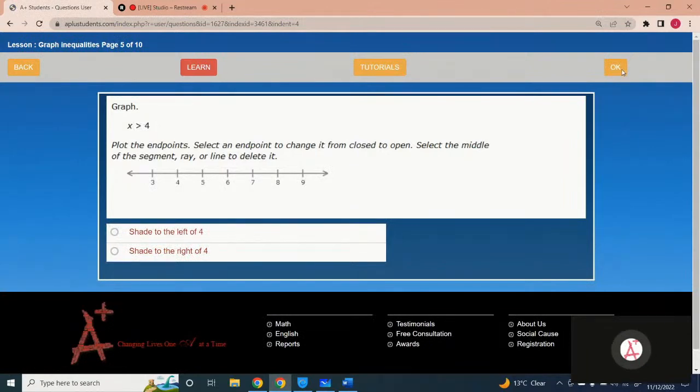Okay, x is greater than 4. So greater numbers are always on the right.